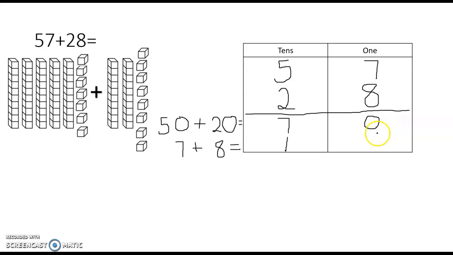So 15 has 1 ten and 5 ones. So my partial sums are 70 and 15.